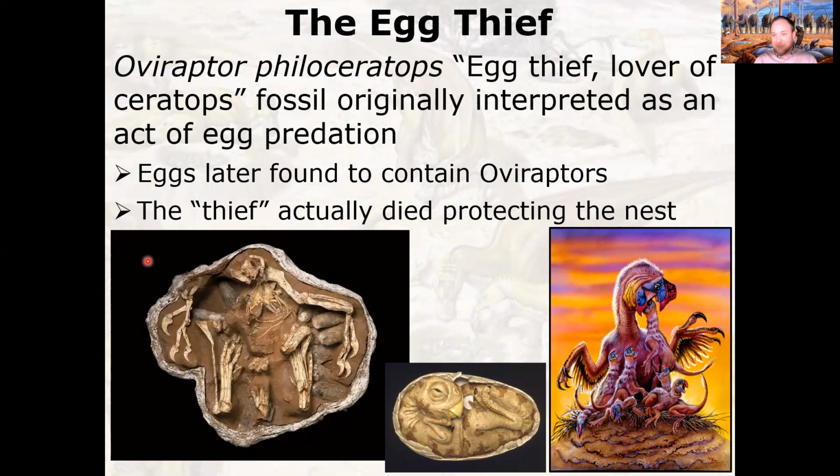So like velociraptor is speedy thief or swift thief. But Oviraptor is egg thief, and philoceratops means lover of ceratops.